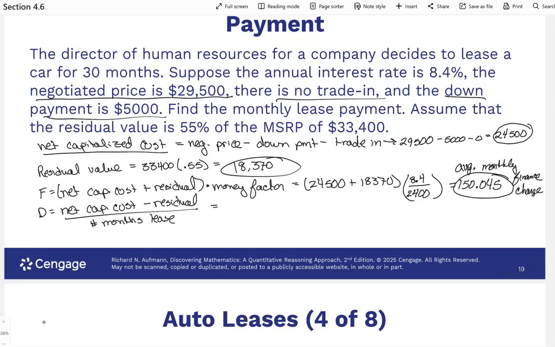So my net capitalized was 24,500. My residual was 18,370. And I'm dividing that by the 30 months. Got about 204.33.